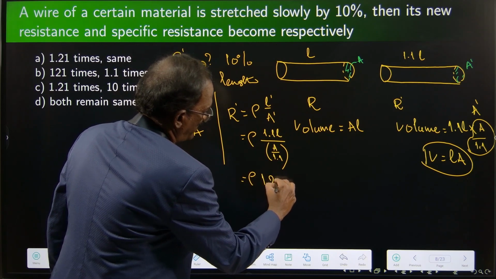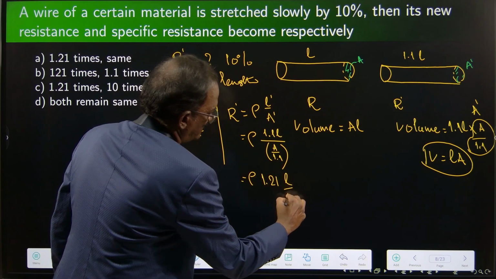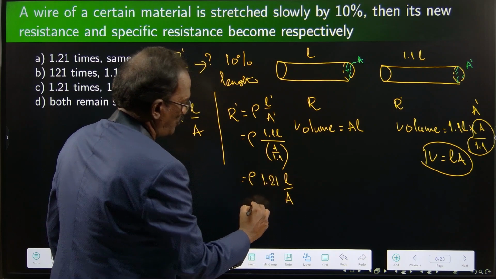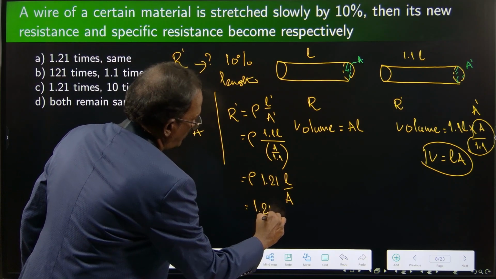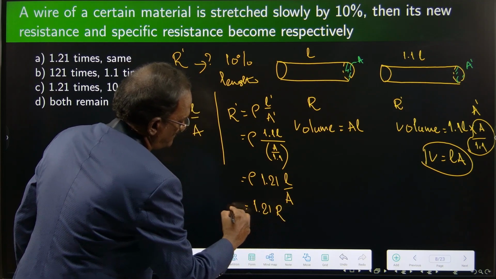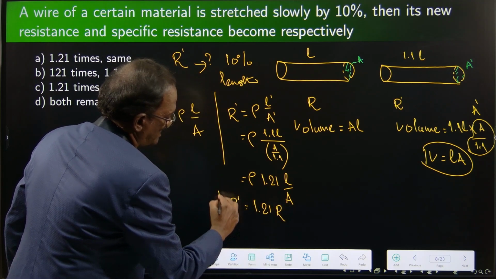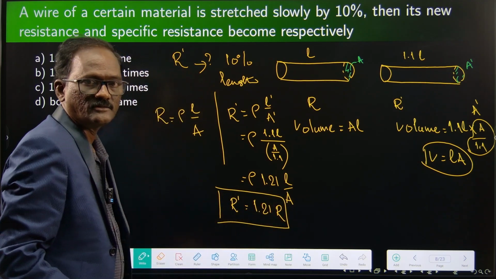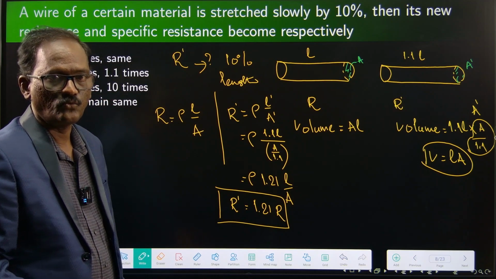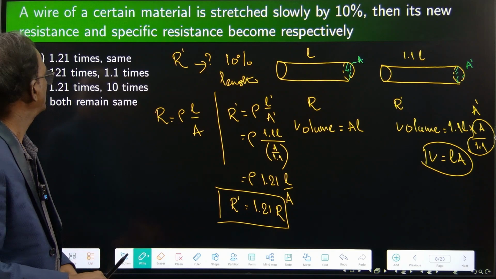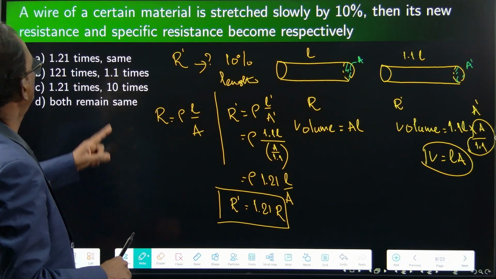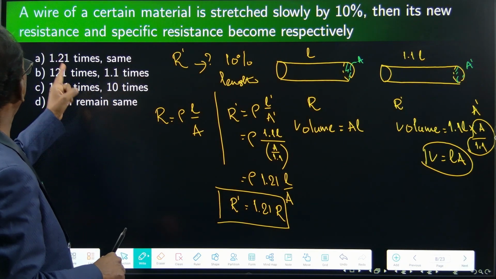This will be 1.21 L by A. Rho L by A is R, so 1.21 R. R dash is equal to 1.21 R. The resistance value is now 1.21 times more than the resistance, right?